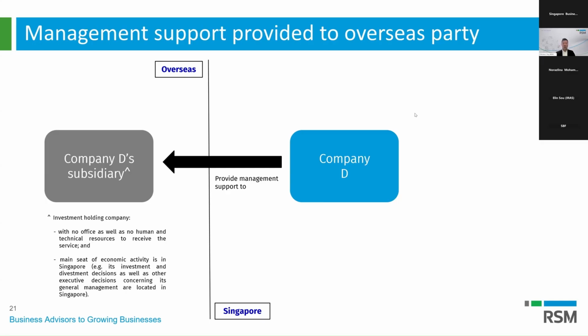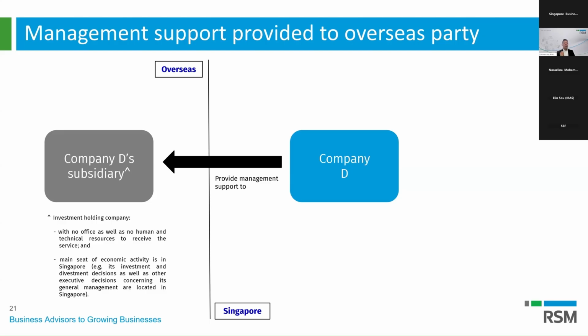Let me also give you more facts. The company, this subsidiary that you see on screen, is just an investment holding company with no office, just a PO box, and no human and technical resource to receive the service, meaning it's just a shell company. Second point, since it has no one there, its main seat of economic activity, i.e. the management decisions, how to run the company, the directors, etc., are all located in Singapore.